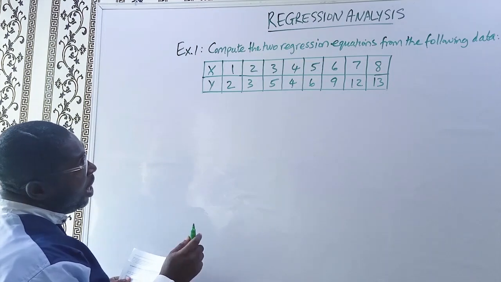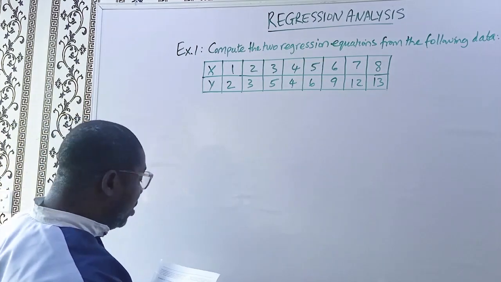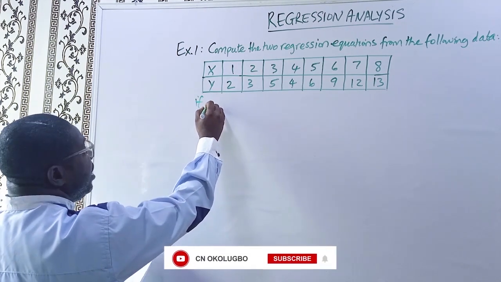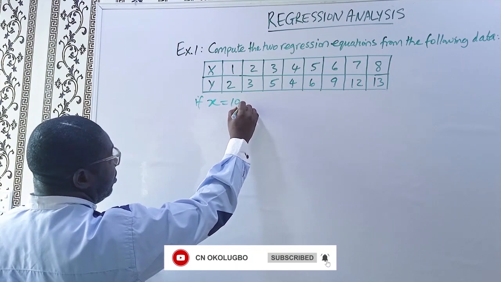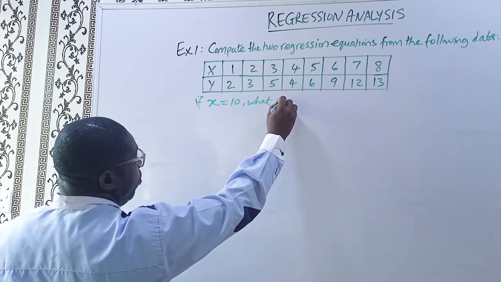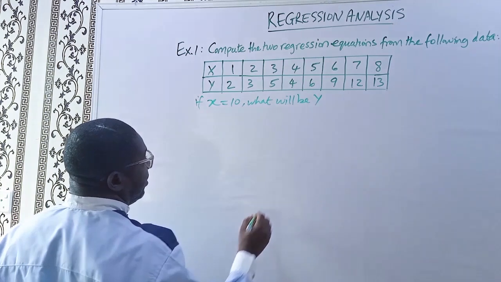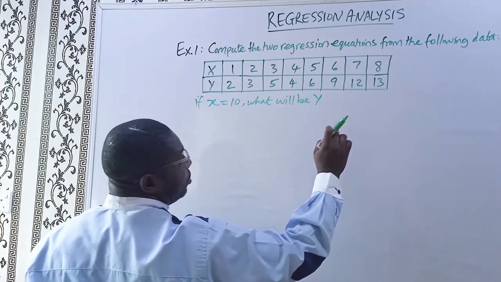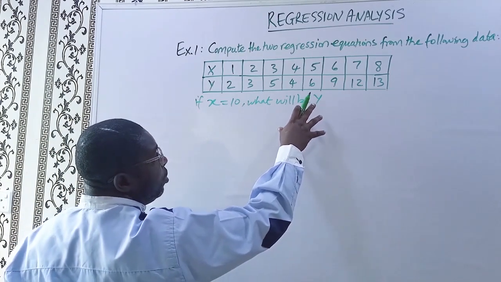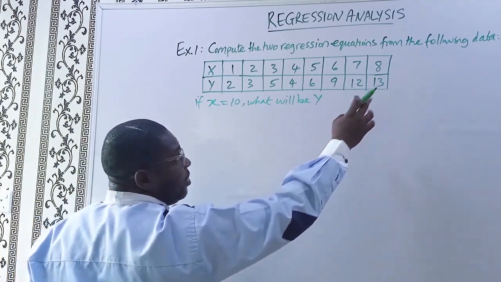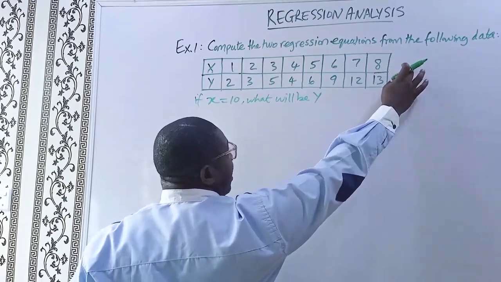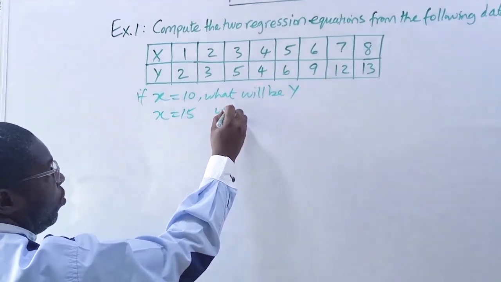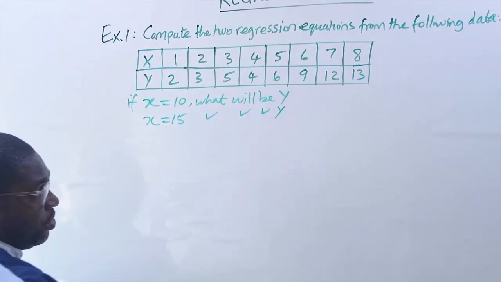After we've computed the regression equation, we're asked that if x is 10, what will y be? You see, we do not have 10 extended here, so we assume that from the regression equation, if x becomes 10, what will y be? How about if x is 15, what will y be?